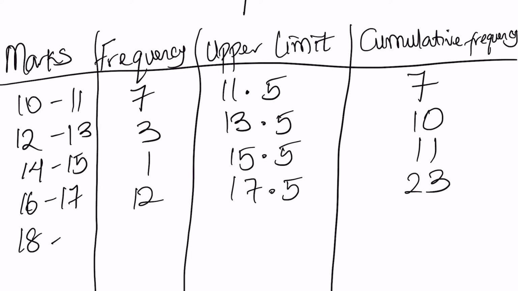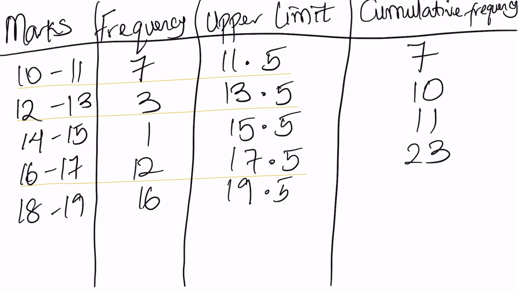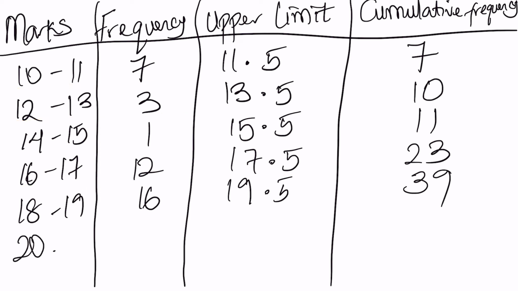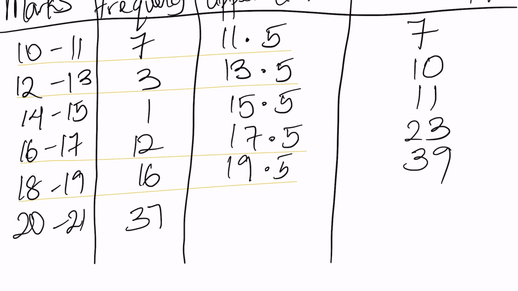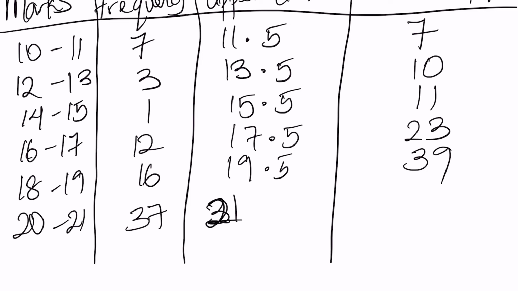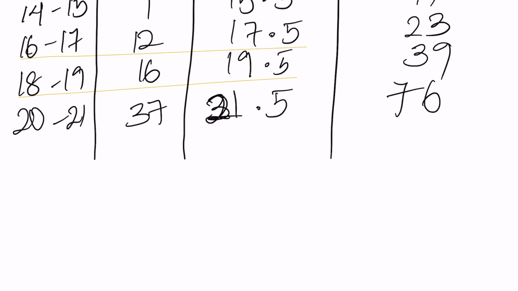For our 18 to 19, we have 16, 19.5, and 23 plus 16 is 39. For our 20 to 21, we have 37, 21.5, and 37 plus 39 is 76.